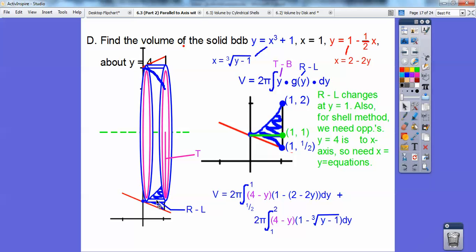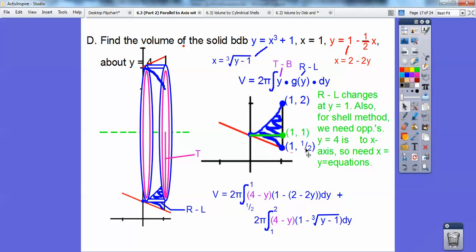Okay, and then righty minus lefty right here. See, it splits from right here. It goes right minus left, this x equals 1 right here to x equals this linear equation right here. So when I solve this for x right here, I get 2 minus 2y right there. Okay, and then it splits again right here from this y to this y right here, so it splits at y equals 1 right here.